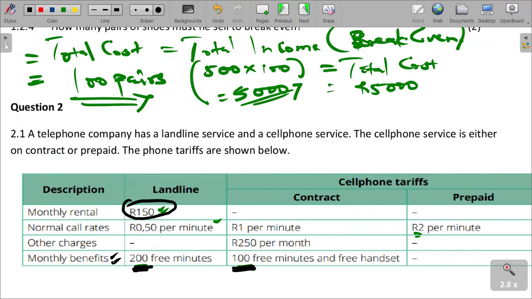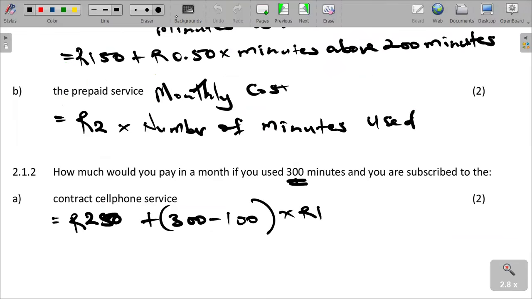So you need to understand that the charges on the contract line are per month: you pay 250, and then you have used the phone for 300 minutes, so we say 300 minutes minus the free minutes you are already given. That gives us 250 plus 300 minutes minus the 100 free minutes, multiplied by 1 rand per minute, which is given there. That's how we calculate this.